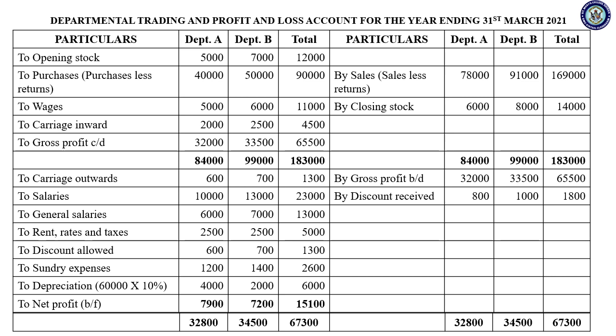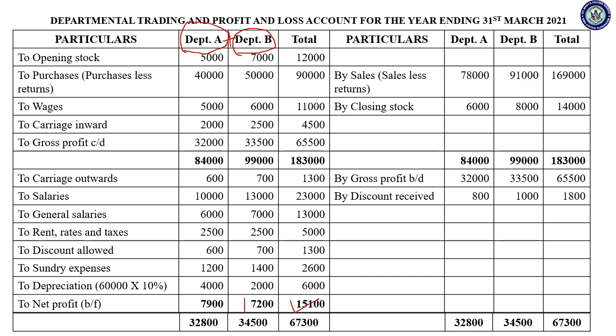Okay, see here. So total, this total means it is the sum of department A plus department B. So the net profit you get from department A as well as department B should be equal to the total.